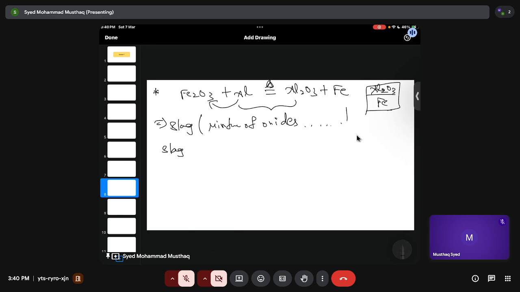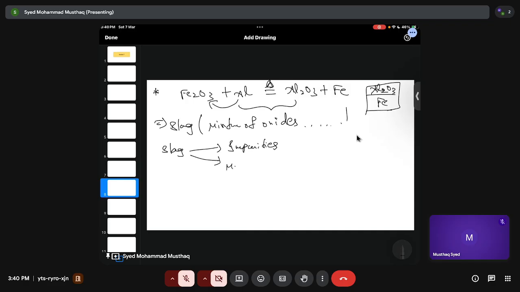Now let's talk about refining. In metal production, slag is the most important thing, because slag has many distinct properties. One, it will pick up impurities. Two, if some of your oxides or some of your metal is picked up in your slag, and you add something, it can be reduced.